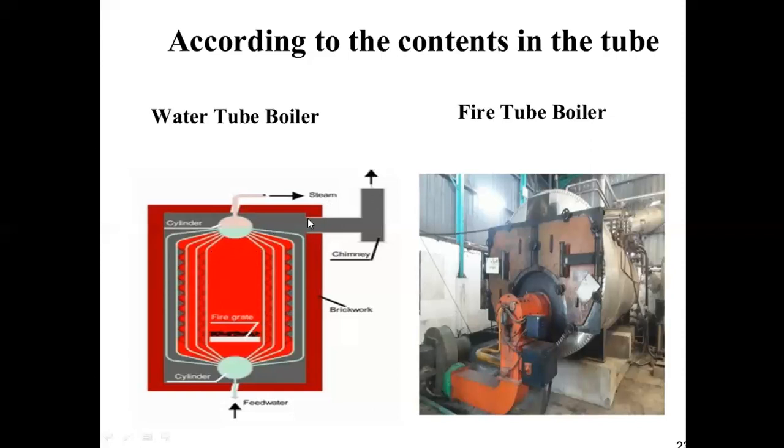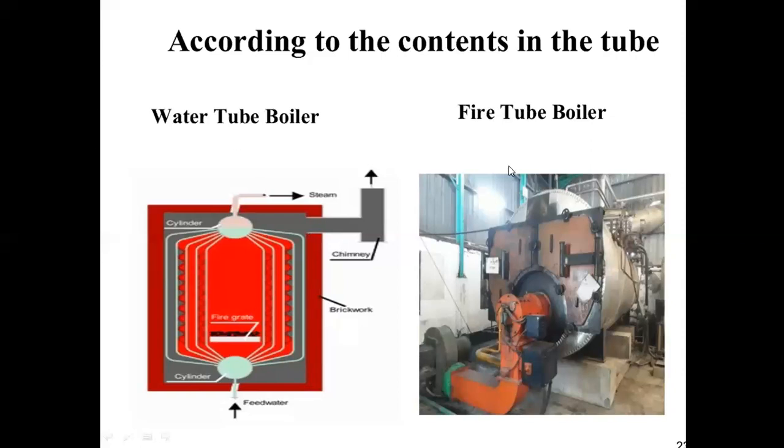Outside it is a brickwork; for reducing the heat losses to the atmosphere, we are using the brick lining here. So this is a water tube boiler. Within the tubes the water flows, surrounded by the hot gases.